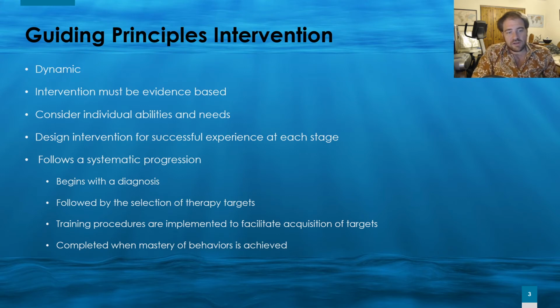You're going to consider individual abilities and needs. So let's say that this person seems to have little to no anxiety, even when talking with authority figures. Remember, we know that stuttering gets a little bit worse when you're talking with authority figures. Maybe we see that Billy doesn't actually get worse when talking to authority figures, not when anxious or anything like that. And so it's still stuttering, definitely.